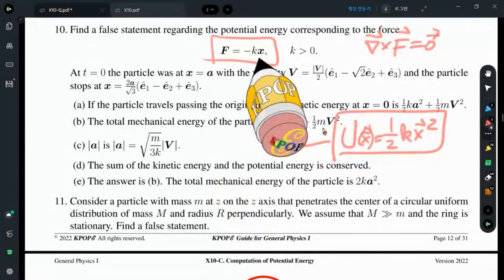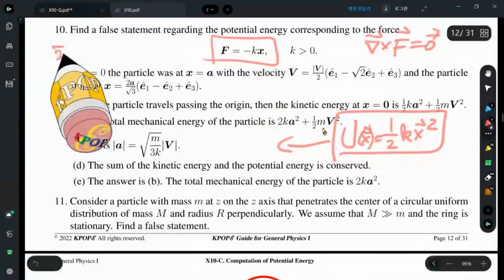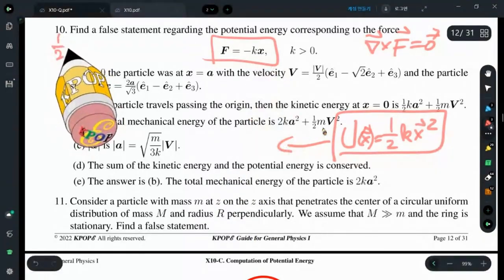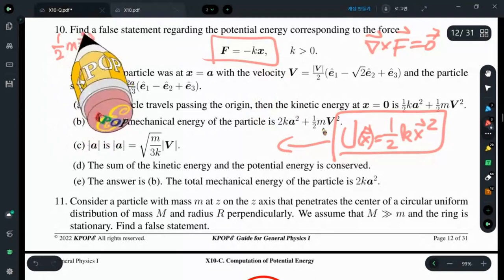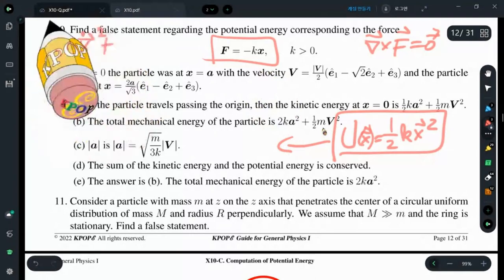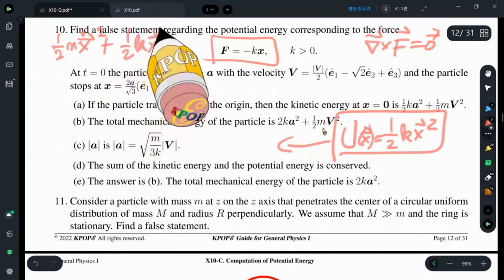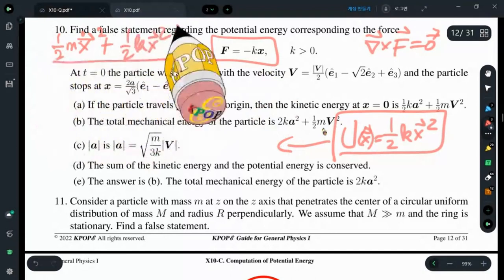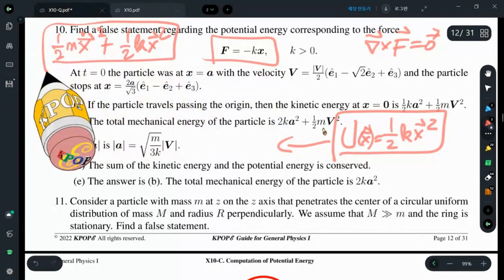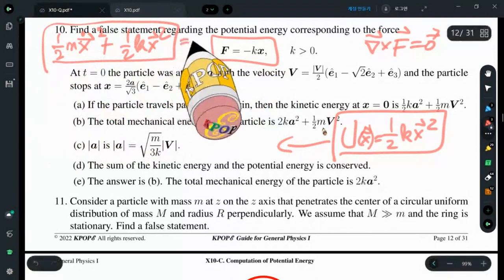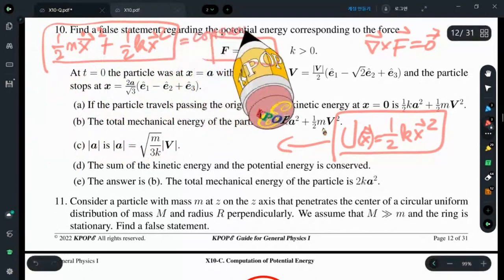So it is conservative. That means the total mechanical energy, the sum of 1/2 mv squared and 1/2 kx squared, that is the potential, this sum must be conserved.